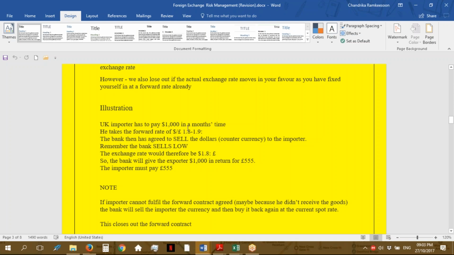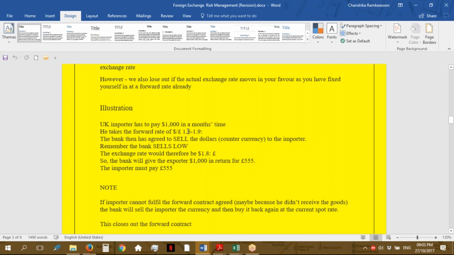Just remember again, indirect system: bank sells low, buys high. If we have to pay $1,000, it means we will have to buy the dollars. If we have to buy the dollars, we look at what the bank will do. The bank will sell, and the bank sells at this rate.